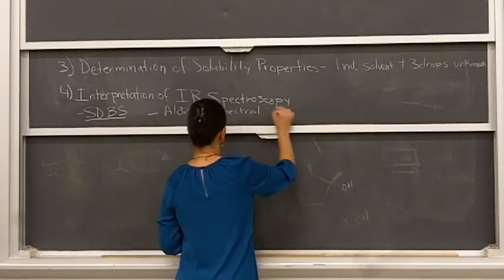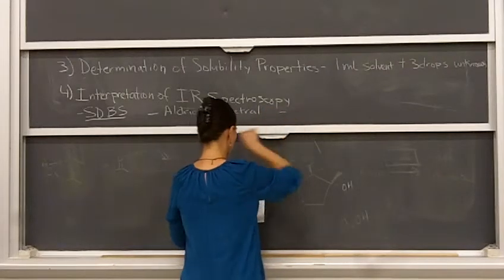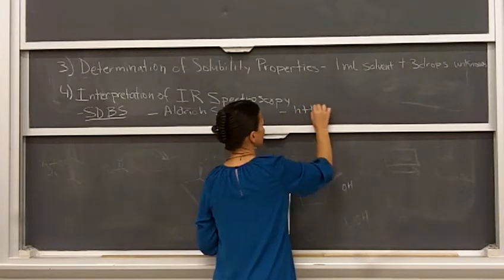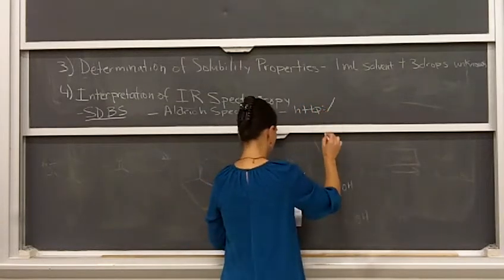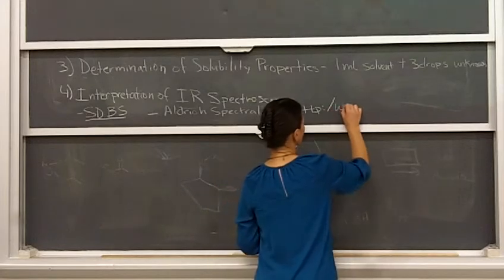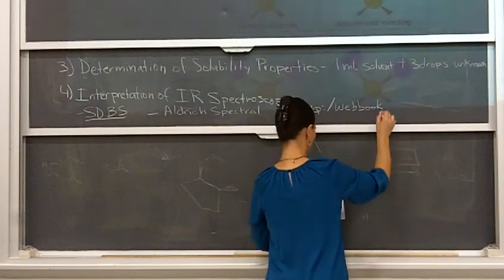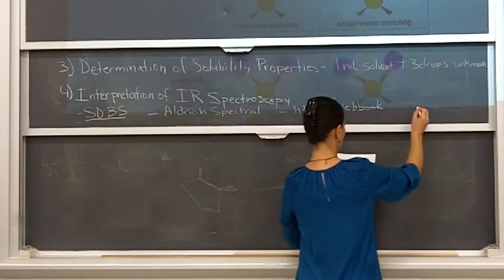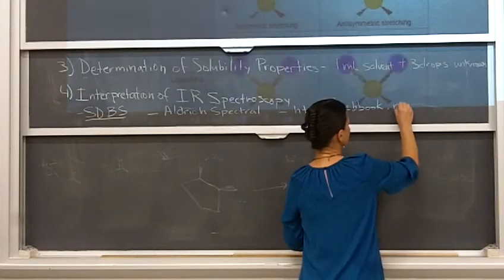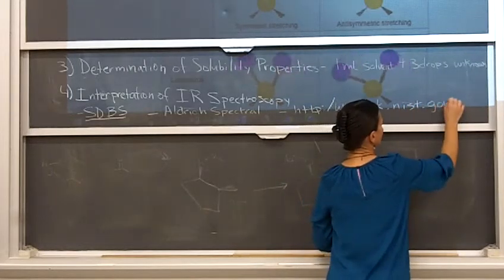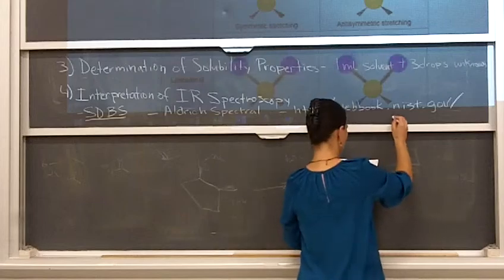And then if you're not finding information that way, you can use the NIST website, which is http://webbook, so two B's, .nist.gov, and then /chemistry.